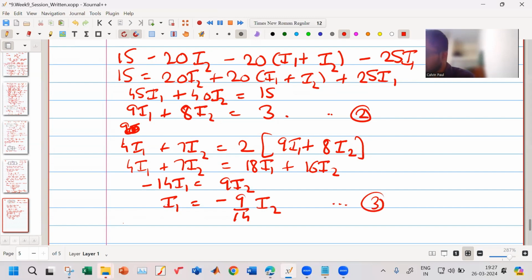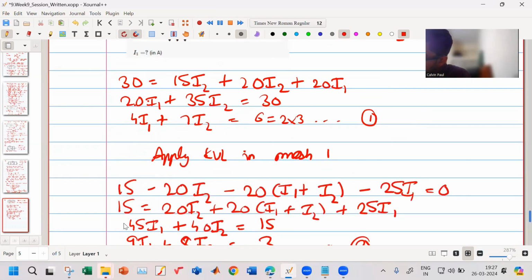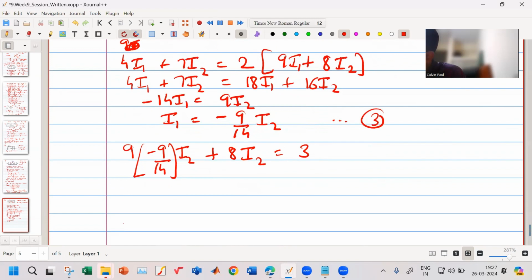Okay. Any doubts in this? No, sir. So I put this in equation 2. So I get 9 into minus 9 upon 14 I2 plus 8 into I2 is equal to 3. So this comes out to be minus 81 I2 upon 14 plus 8 I2 is equal to 3.